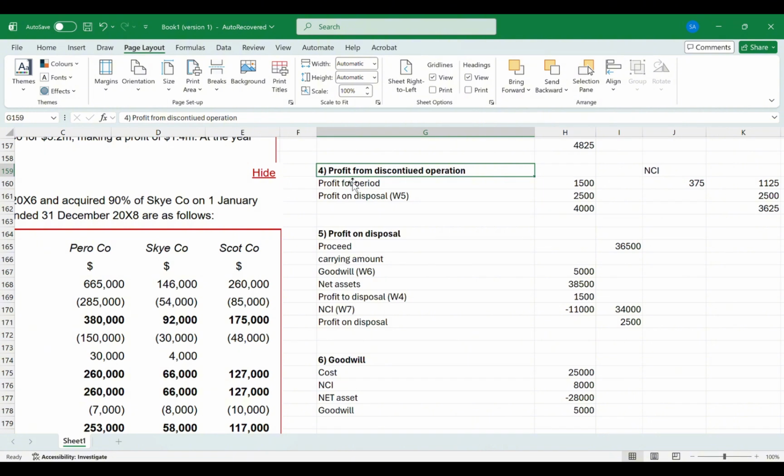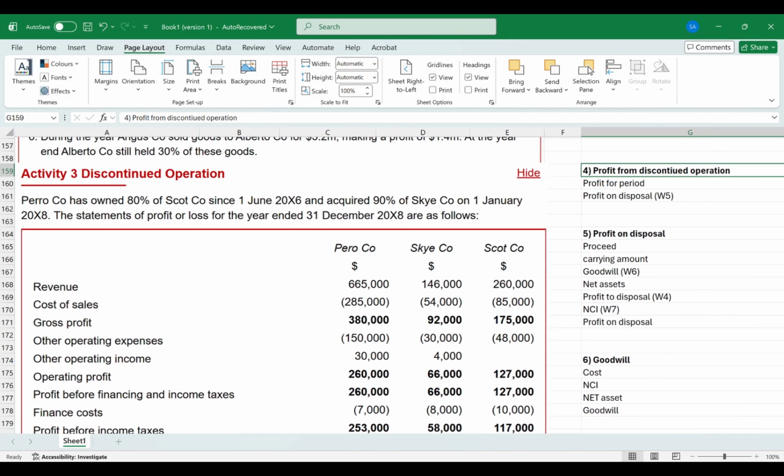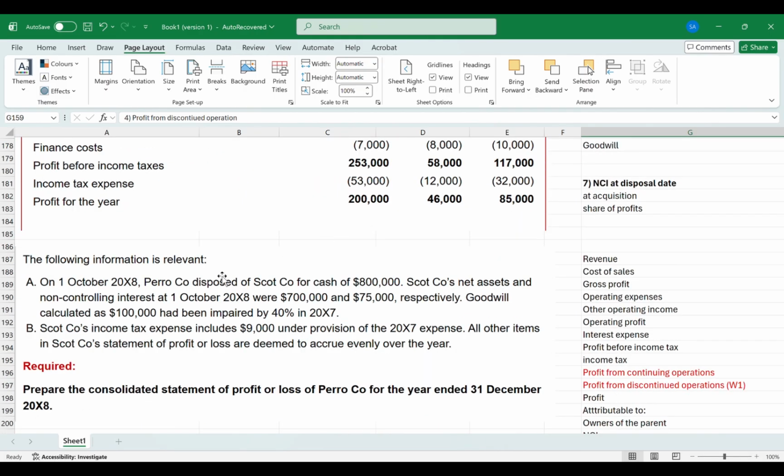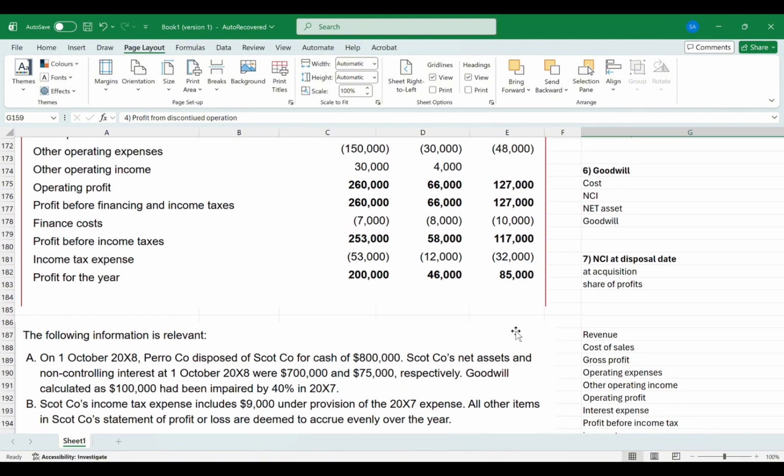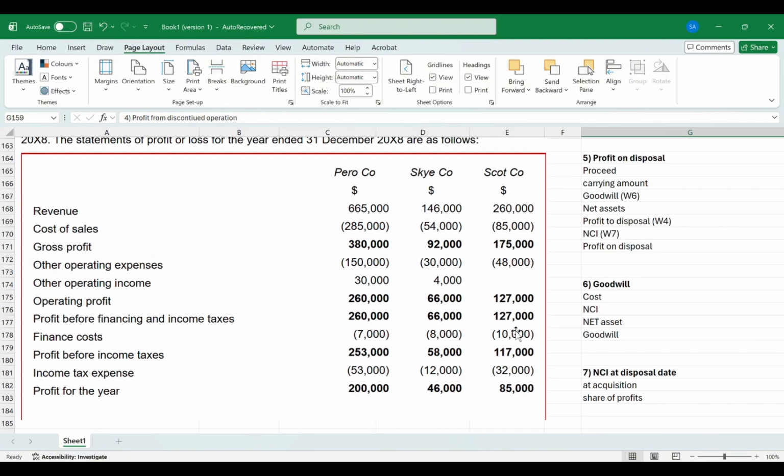First, profit up to the date of disposal. You have to write this. If you see, your year starts 1st January, and when did you dispose? 1st October. So 9 months. You had it for 9 months. And if you take here, the profit of Scott is 85, profit for the year.